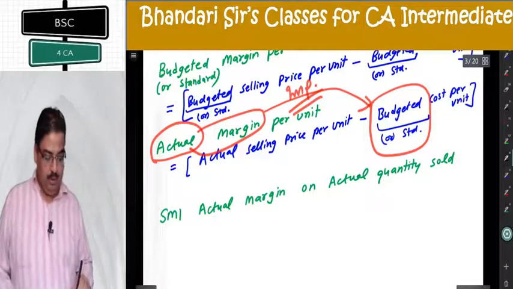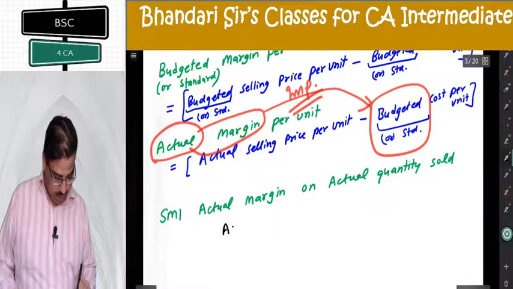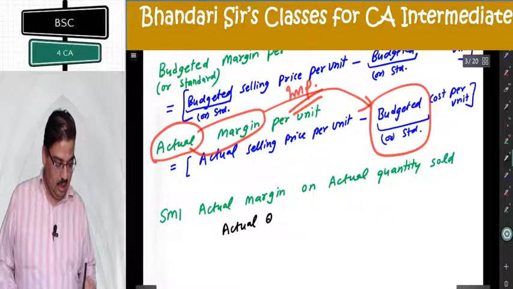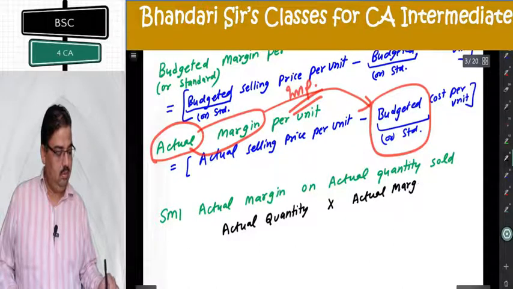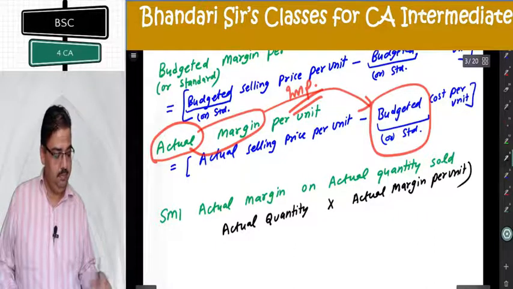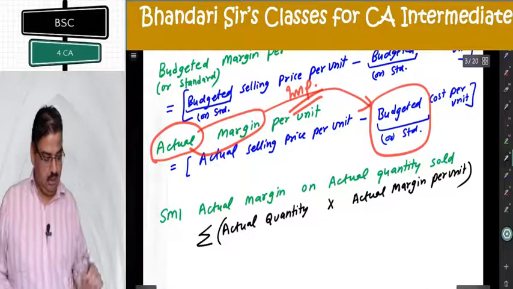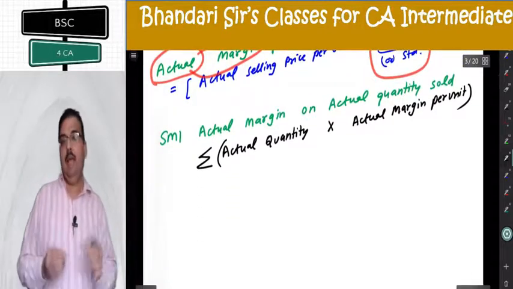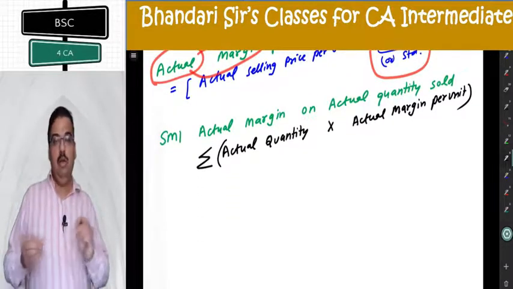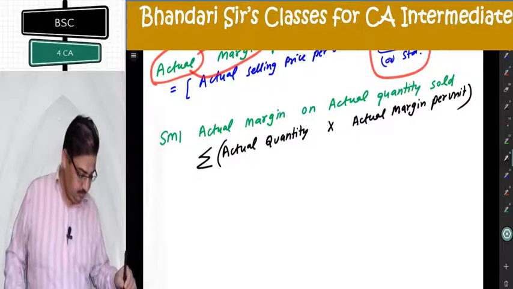How do I compute it? Actual quantity multiplied by actual margin per unit, sigma, total of all. Compute for every product separately, then add, you get actual margin on actual quantity sold.